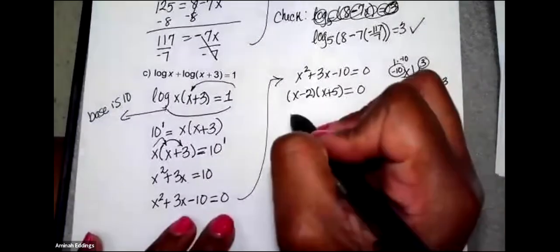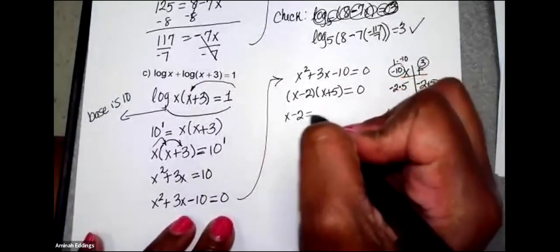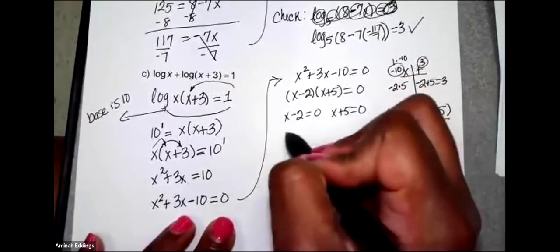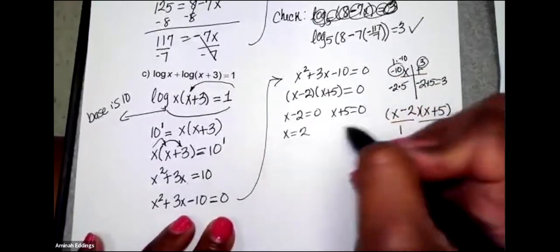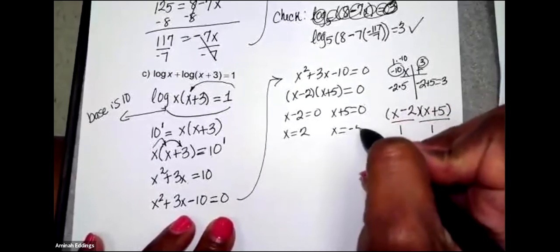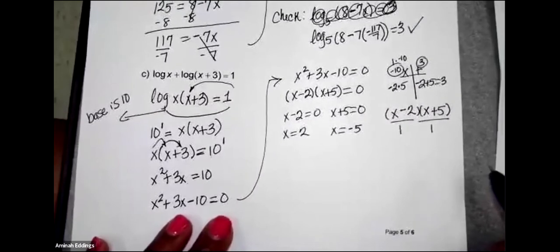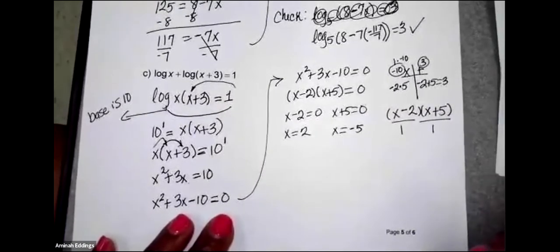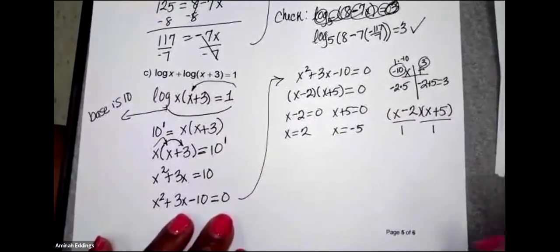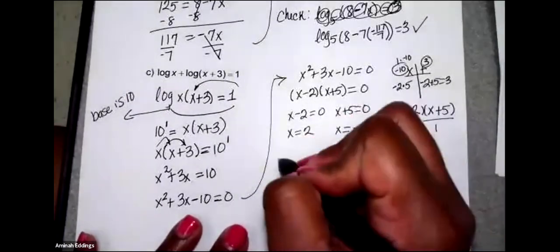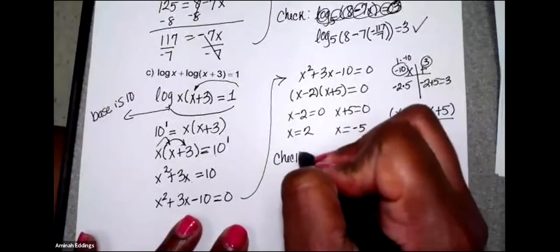And then remember, I'm going to now take each one and set it equal to 0. And so I get x is equal to 2 and x equals negative 5. Okay. So these are my two solutions right now, but remember, I have to check it.